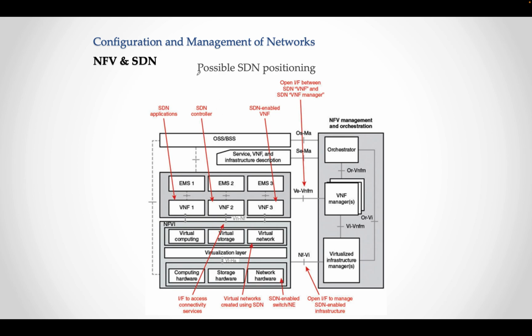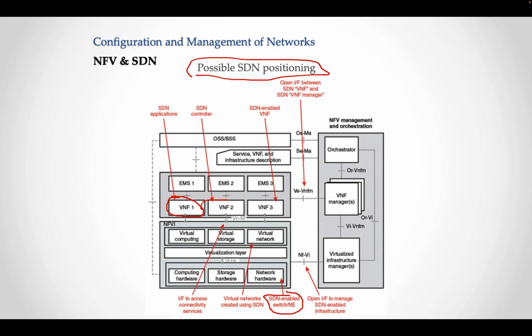So this is again on the possible SDN positioning we already saw. So basically it's to create virtual networks. Usually I have an SDN enabled switch on the network hardware. Even if it is with netconf, I can call it an SDN enabled switch. I can have SDN applications that are running inside of virtual machines.